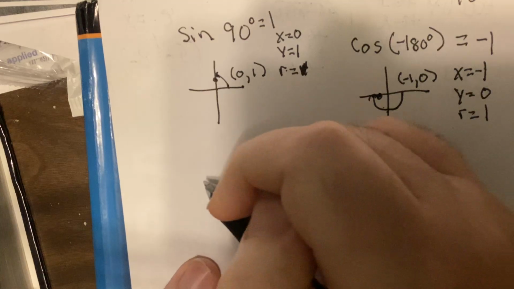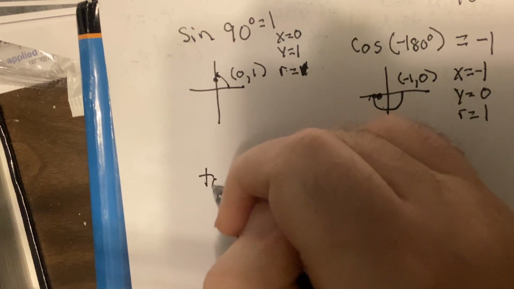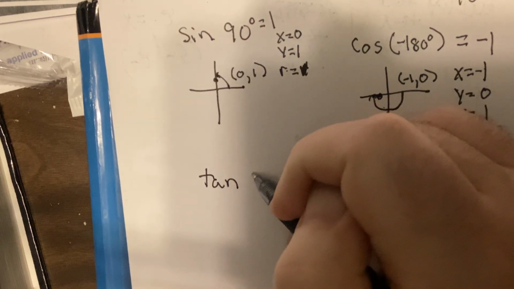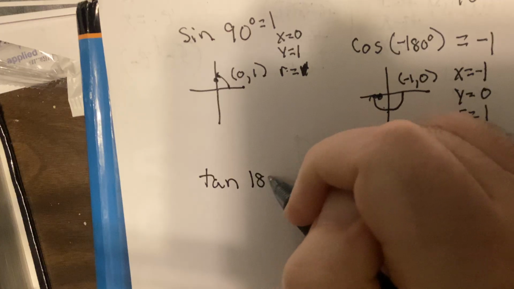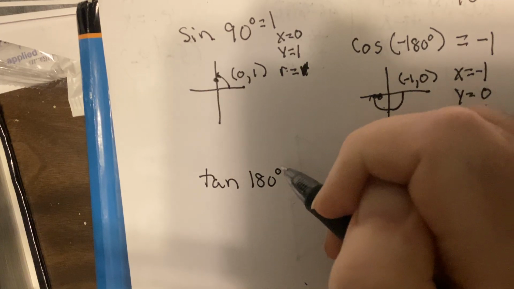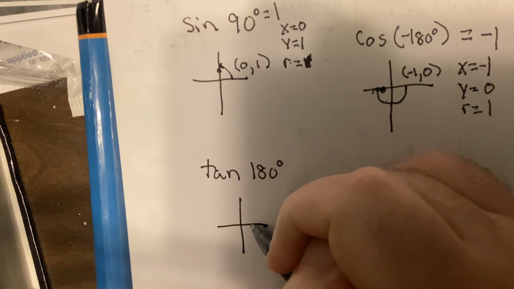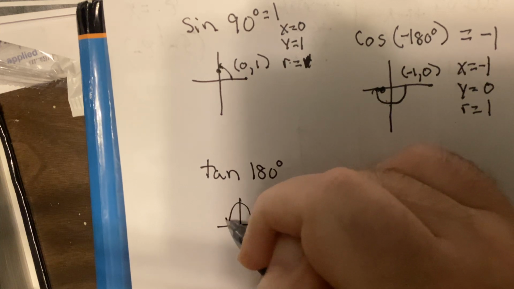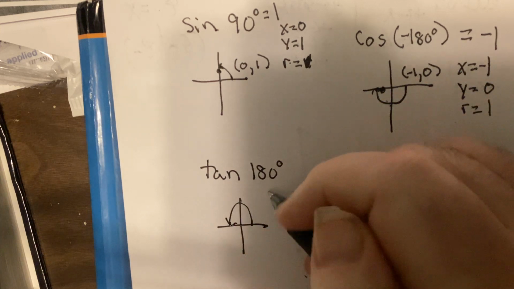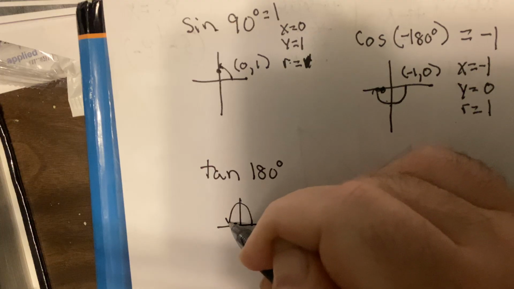Let's do tangent of 180 degrees. So you'd say, okay, that would be 180 degrees.